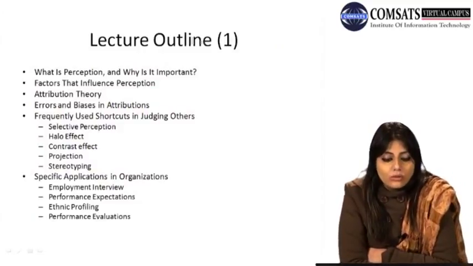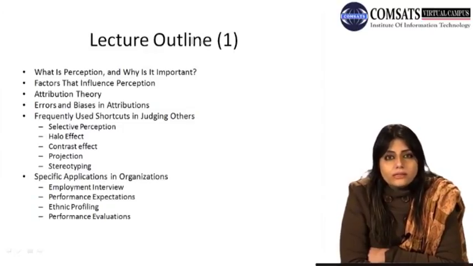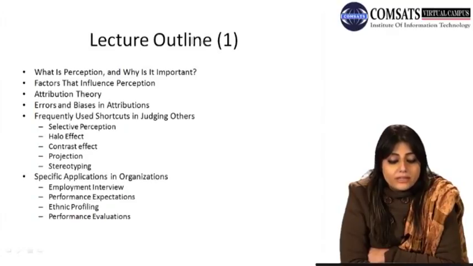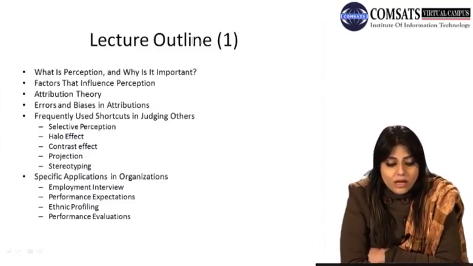Let's start with the lecture outline, what you're going to learn from this lecture, and how you should prepare. We'll start off with the concept of perception, and we'll see why it is important. Then we will develop an understanding of the factors that influence perception. We'll see what attribution theory is. Then we'll see the different errors and biases in attributions.